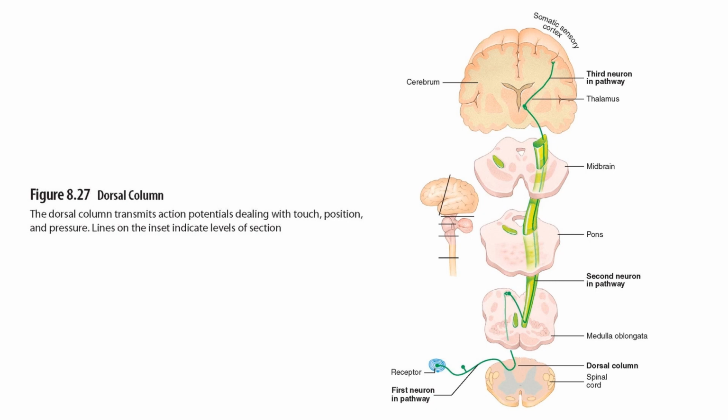Kunyari, di ba nakikita nyo sa picture na nasa left side nag-umpisa yung receptor pero lumilipat siya papunta sa kanan. So, ganun yung mga nangyayari sa mga transmission ng action potentials. Hindi ibig sabihin na kapag na-receive mo ang isang stimulus sa kaliwa ng katawan mo, kaliwa na rin ng utak mo ang gagana.